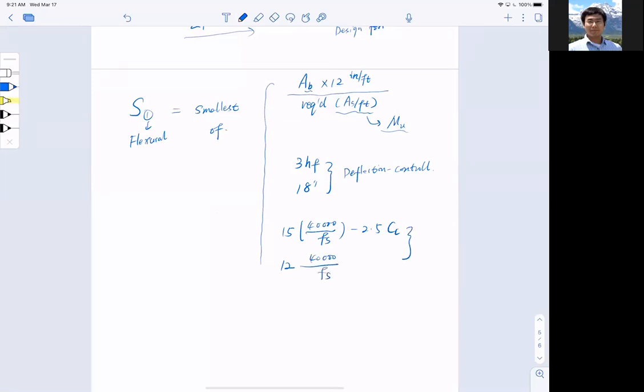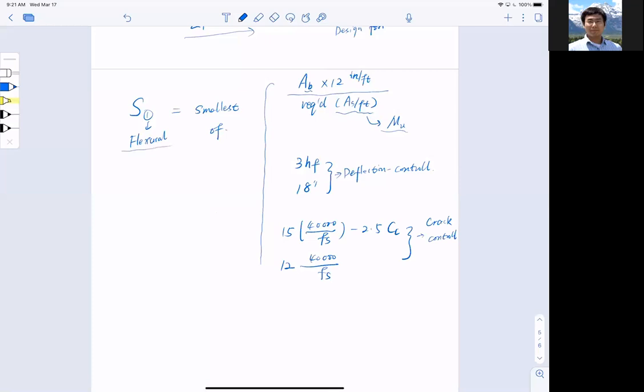You know this is crack control. So this, ladies and gentlemen, is the spacing for flexure reinforcement.